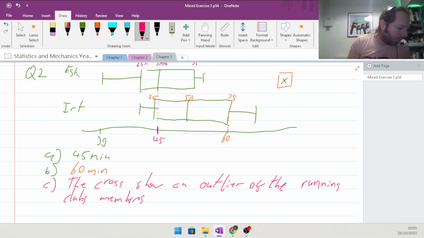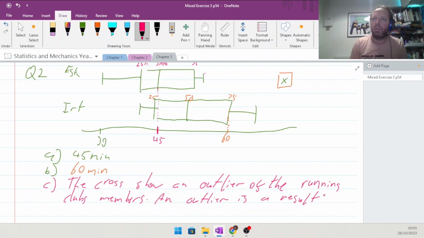What is meant by it? An outlier is a result 1.5 times bigger than the interquartile range.